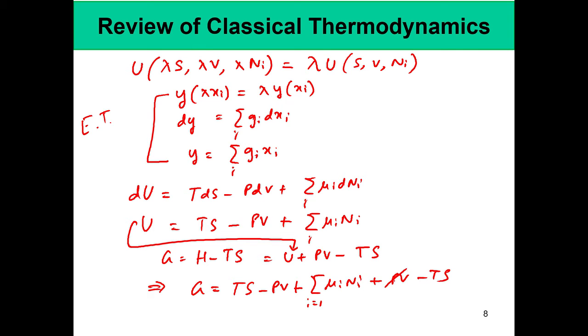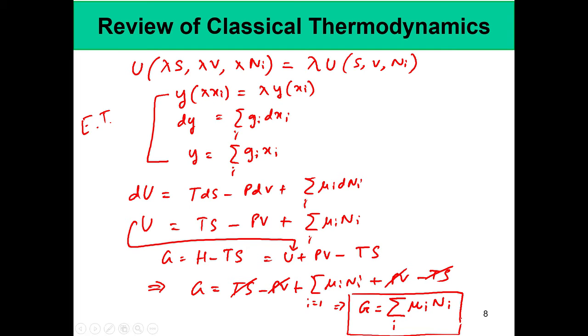So, this cancels, this cancels. This implies G is equal to summation i of mu_i n_i. Okay. So, this becomes the definition of G.